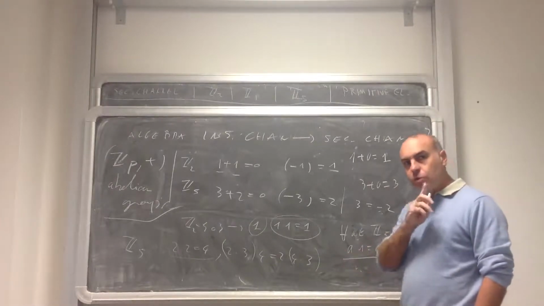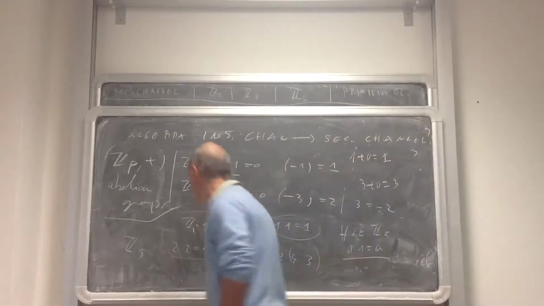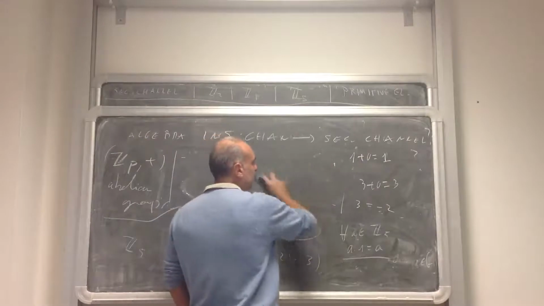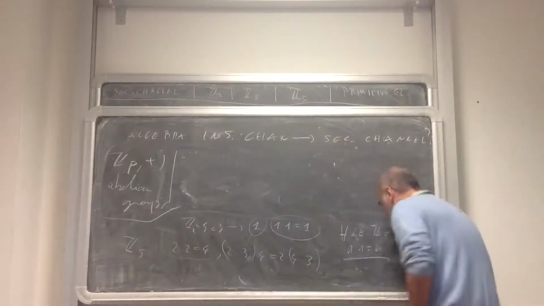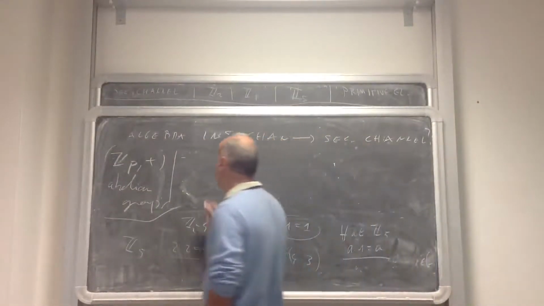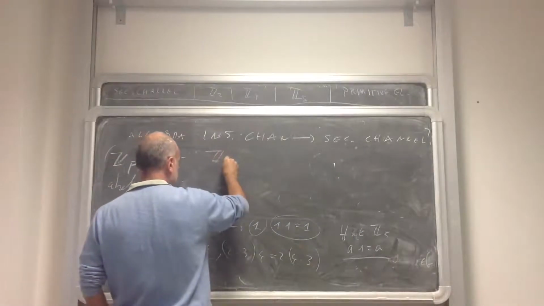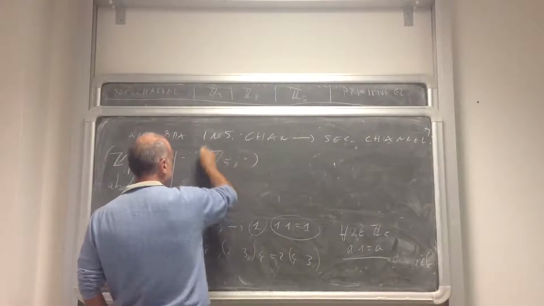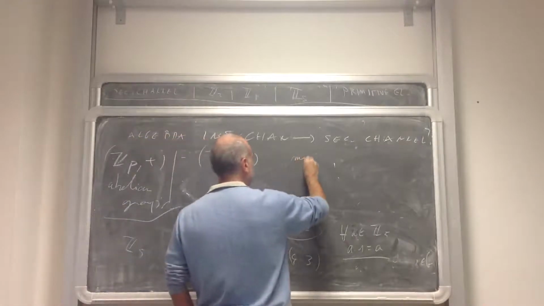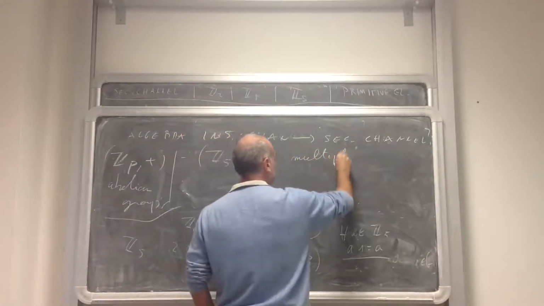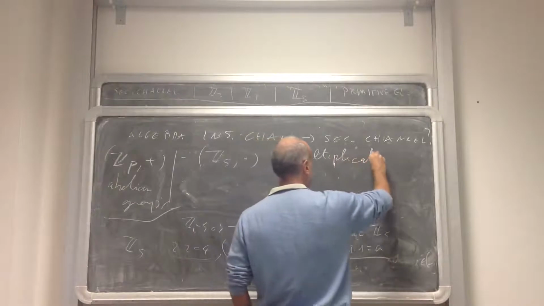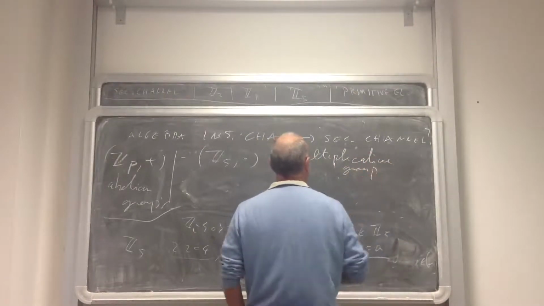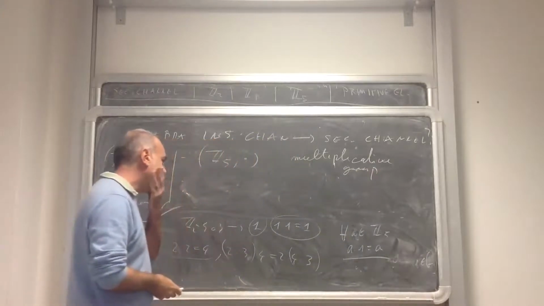Now there is something which is not obvious. The property about the inverse. What is the inverse in this case? So I'm trying to show that Z5 with multiplication is a group. In this case, a multiplicative group. Why is it a group?